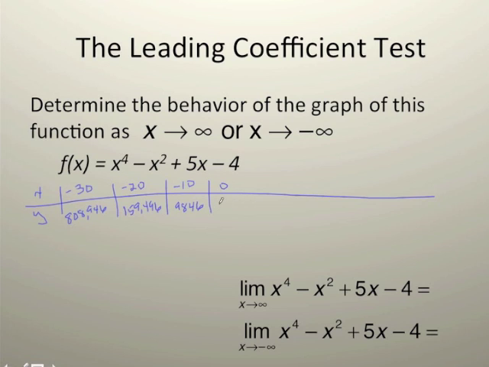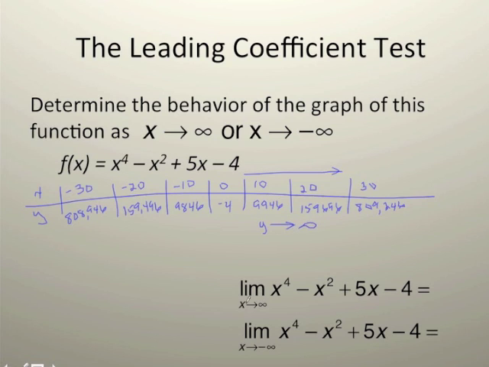When it's 0, it's negative 4. When it's 10, it's 9,946. When it's 20, it's 159,696. And when it's 30, it's 809,246. So as x is going to infinity or getting larger here, y is also going to infinity.